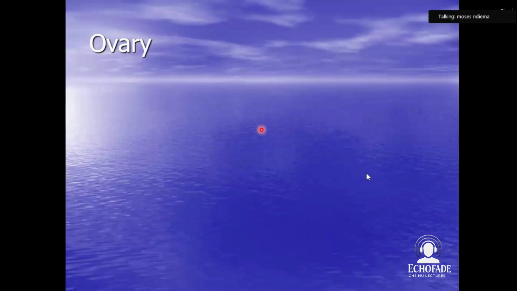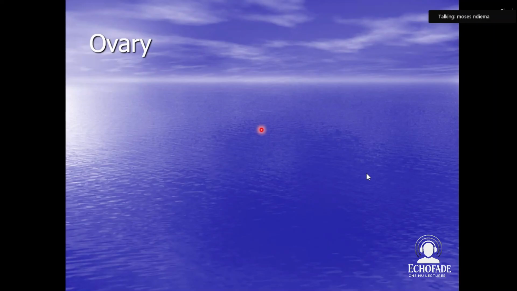Let's now look at the ovary, the histology of the ovary. The ovary is a paired structure suspended within the pelvic cavity by ligaments: the ovarian ligament, the round ligament of the ovary, and the suspensory ligament of the ovary.